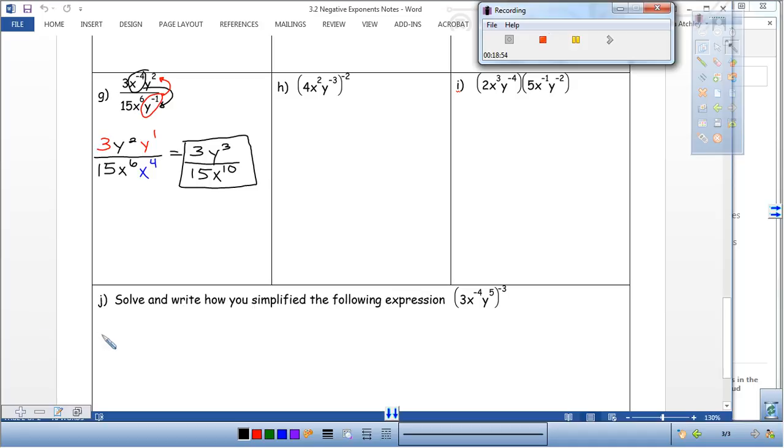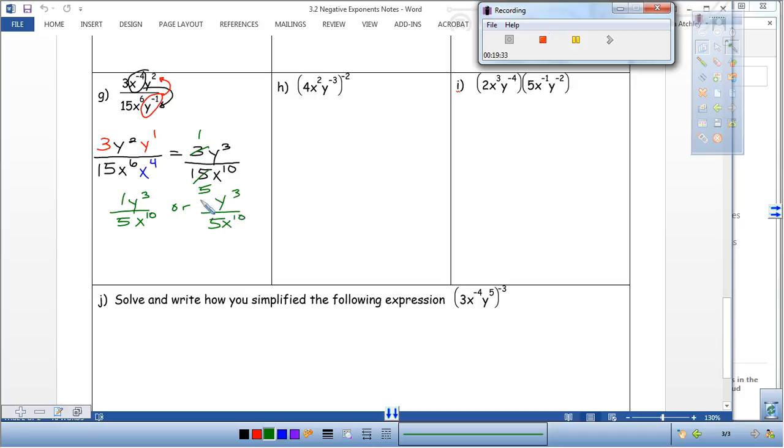Can that be reduced further? All right, the 3 and the 15 can be reduced. The 3 can go into 15 5 times. So there's a 1 on top and a 5 on the bottom. So we have 1 y cubed on top divided by 5 x to the 10th, or y cubed over 5 x to the 10th.